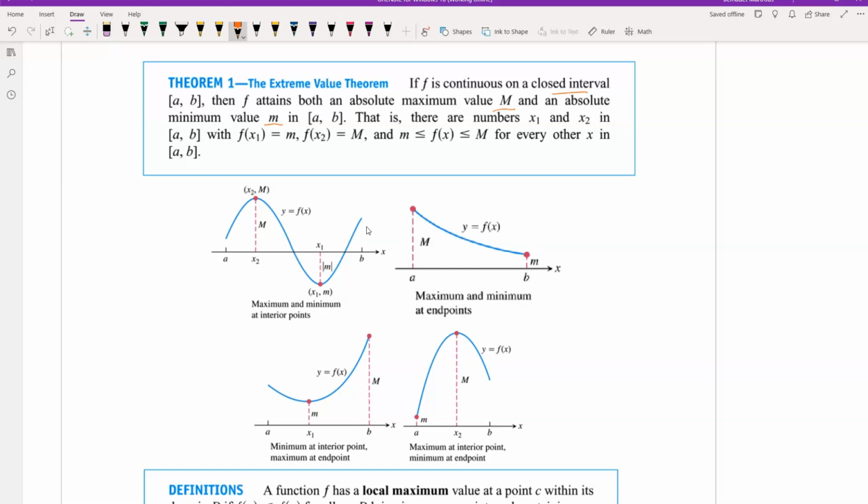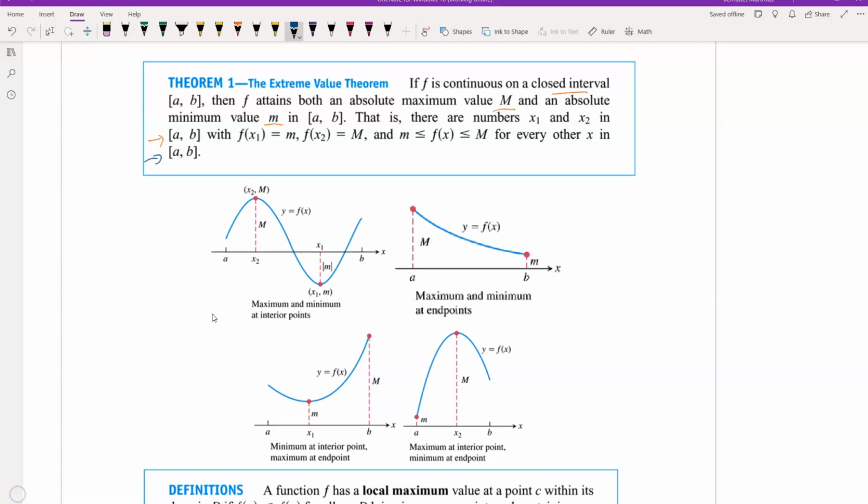That is, there are numbers x1 and x2 in this closed interval [a, b] with f(x1) equal to lowercase m and f(x2) equal to uppercase M, and m, the absolute minimum, is less than or equal to f(x), and that is less than or equal to M, the absolute maximum, for every other x in this closed interval [a, b].